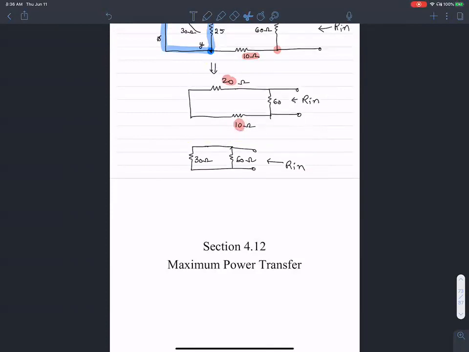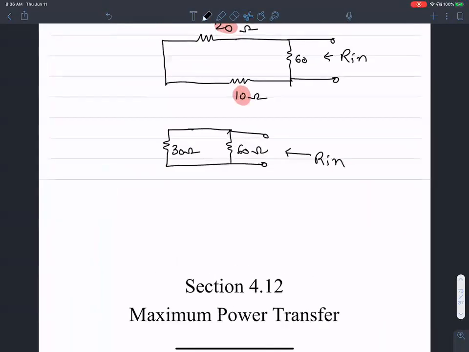Okay, so the equivalent of 20 in parallel with 60 in parallel with 30 is going to be 20 ohms. So these are the two steps. This is R Thevenin. R Thevenin, therefore, is 20 ohms, and V Thevenin was 30 volts.